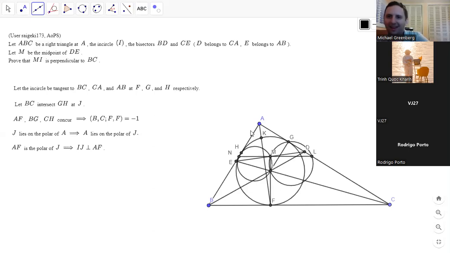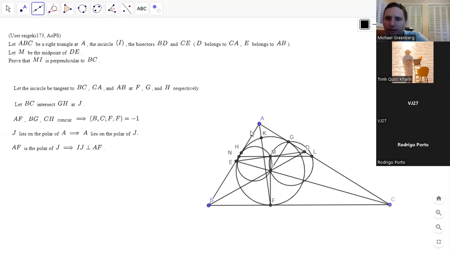Okay. Some trig. All right. Let IF intersect ED at Q. Okay, so QE over QD. Okay, I'm just reading through it.